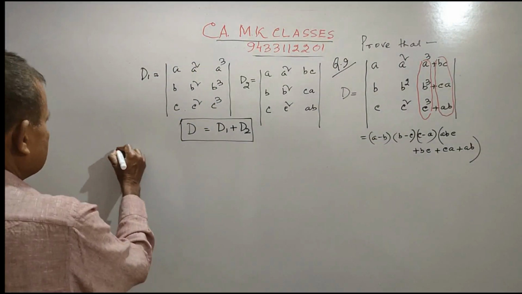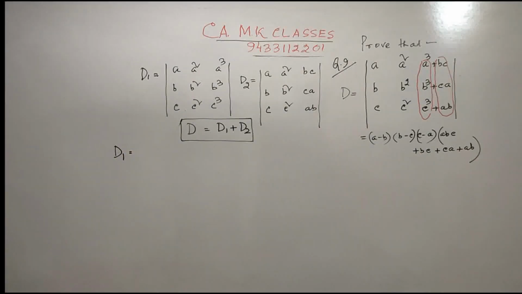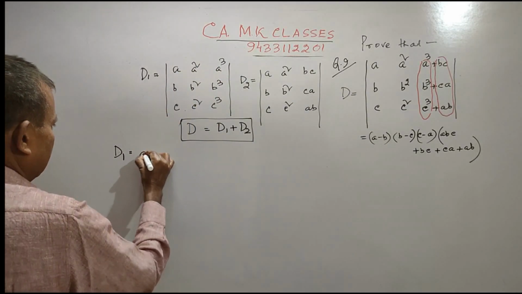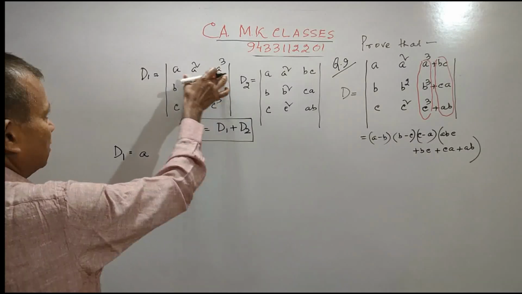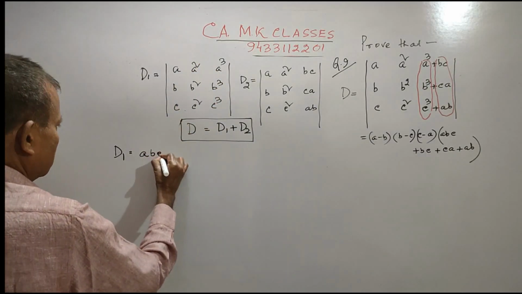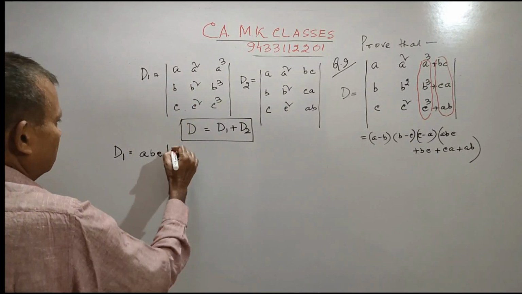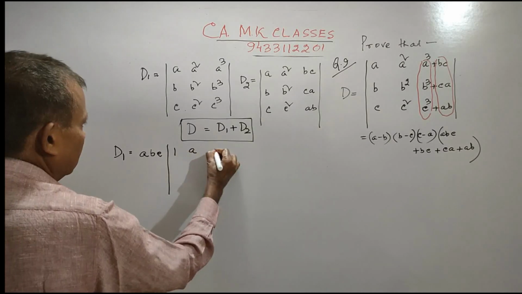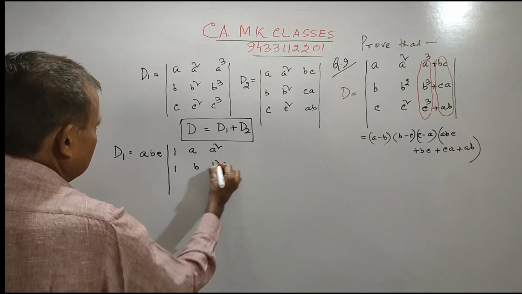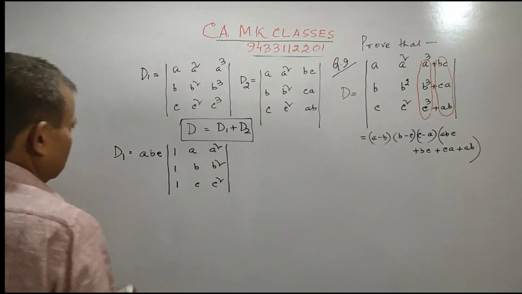So friends, let us come to the operation of D1. D1 is equal to this. I can take a as common, b as common, c as common. So I will take abc as common. So 1, a²; 1, b²; 1, c² will be here.